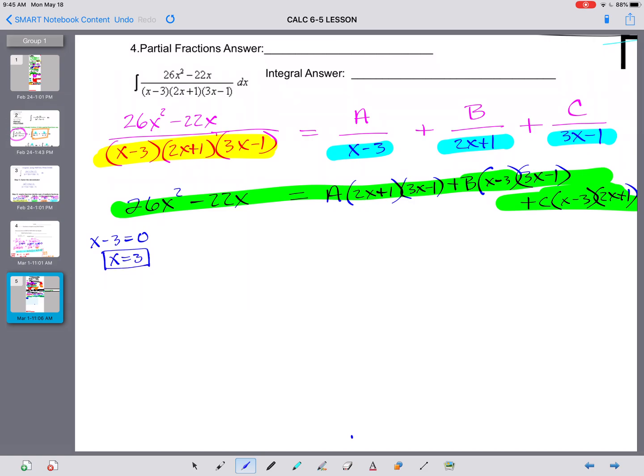Plug it into our green equation. 26 times 3 squared minus 22 times 3 equals A times (2 times 3 plus 1) times (3 times 3 minus 1). There are no B's and no C's, because when you plug 3 in, 3 minus 3 is 0.